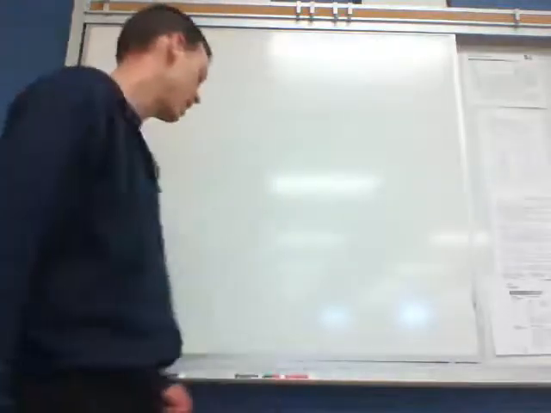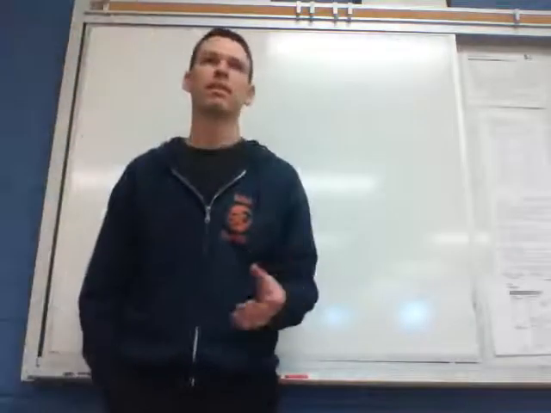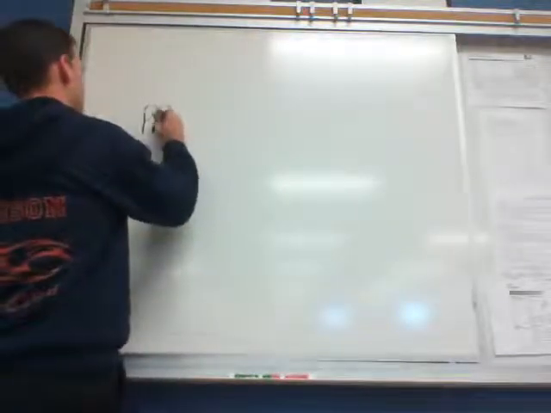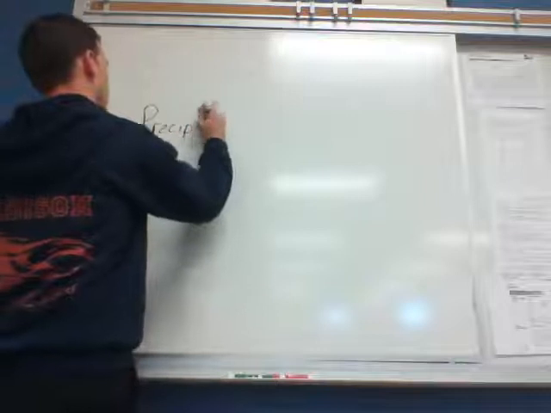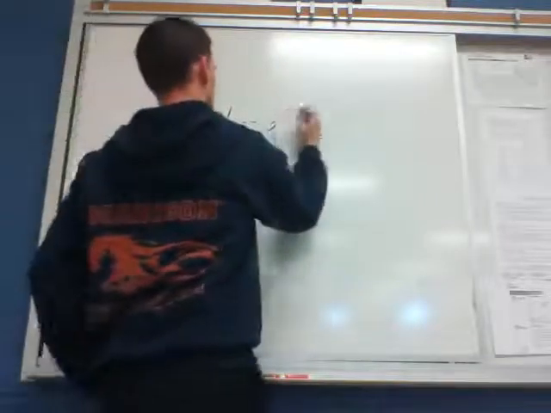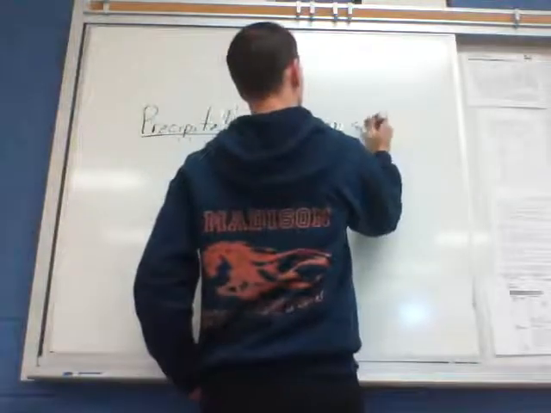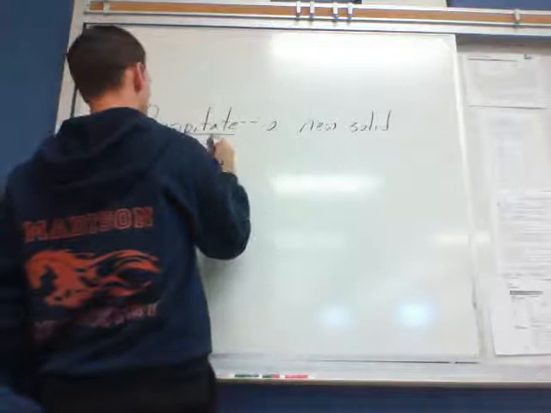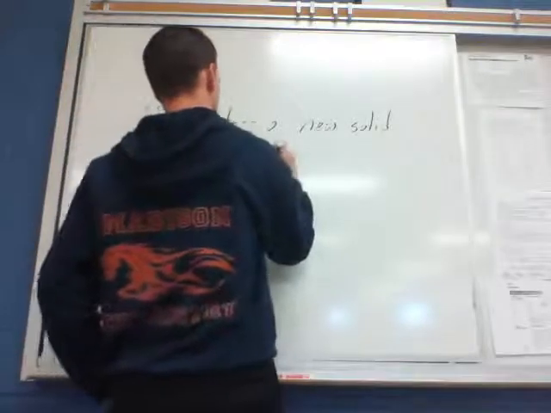And any new solid that forms during a reaction is called a precipitate. So there's your first new vocab word. A precipitate is a new solid that forms in a reaction.